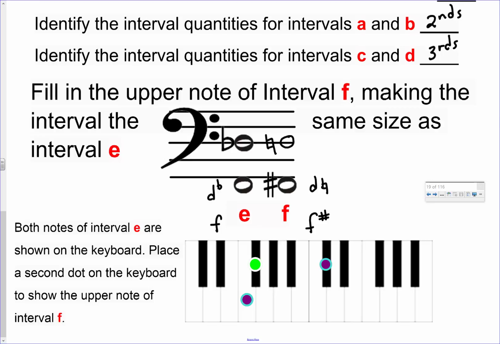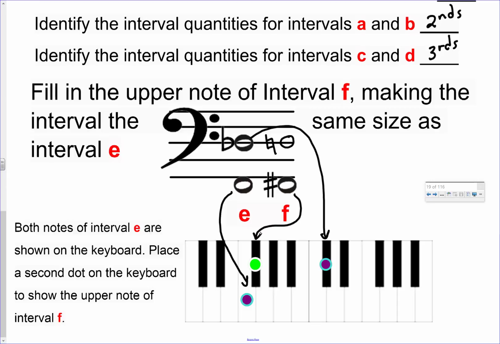And we can look at it here on the piano keyboard. Both notes of interval E are shown on the keyboard. If we take a look at interval E, we find the F, which is right here. And we have the D flat, which is right there. Now this green circle is interval F's lowest note, which is an F sharp.